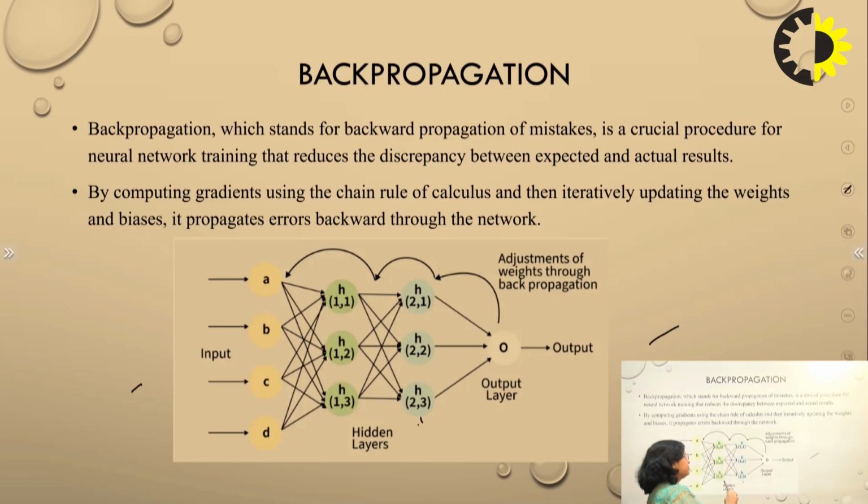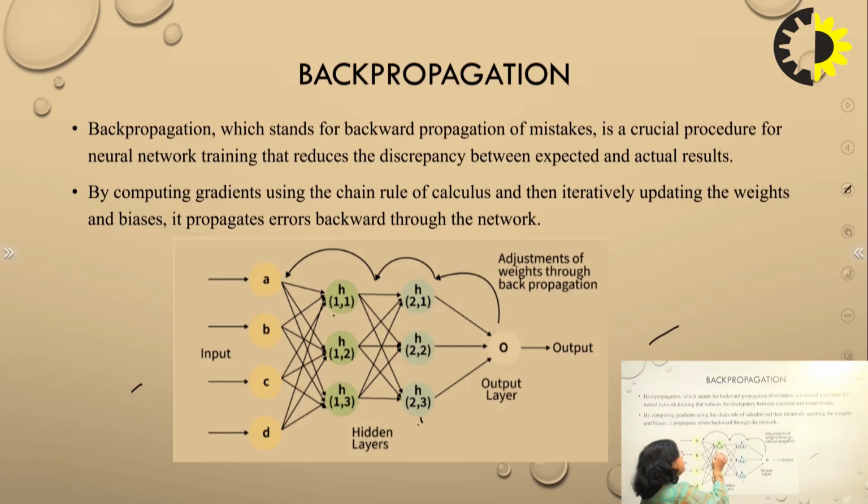to the next layer, one important function is to be done here, that is applying the activation function. Suppose, for example, this node H1 is getting inputs from these four entities.